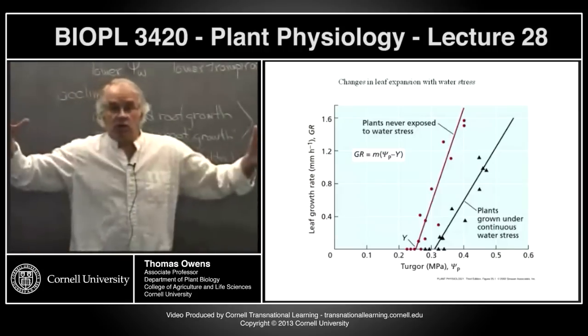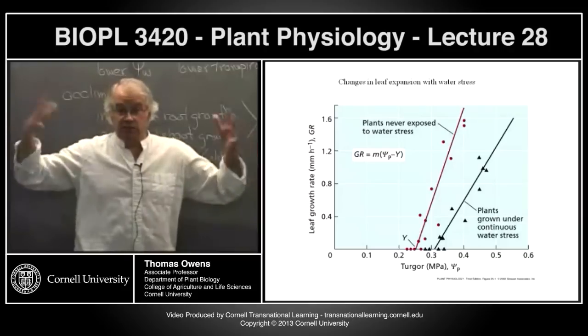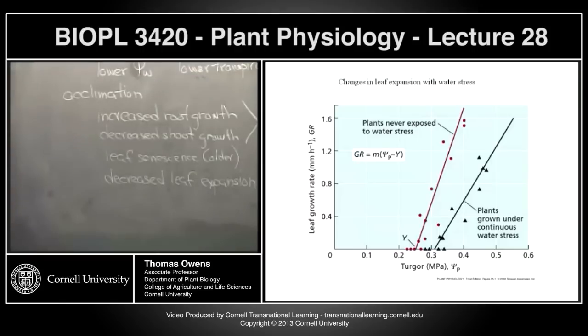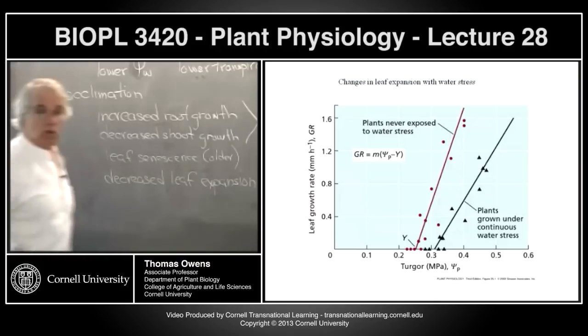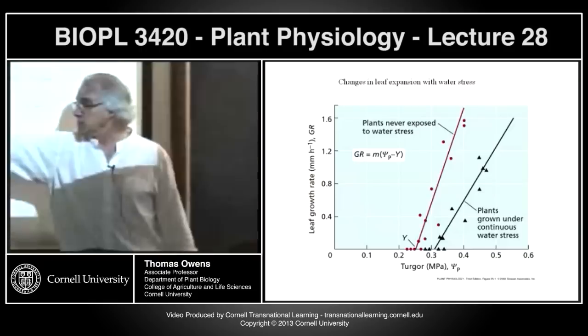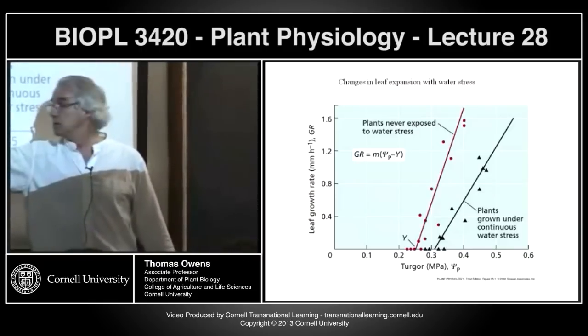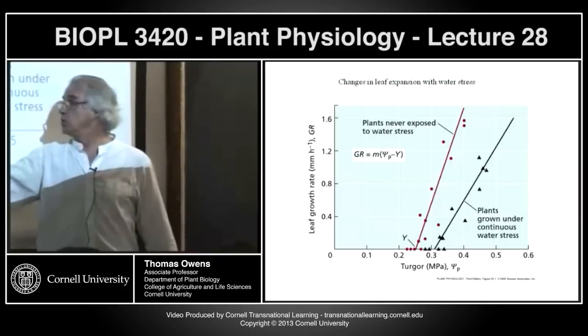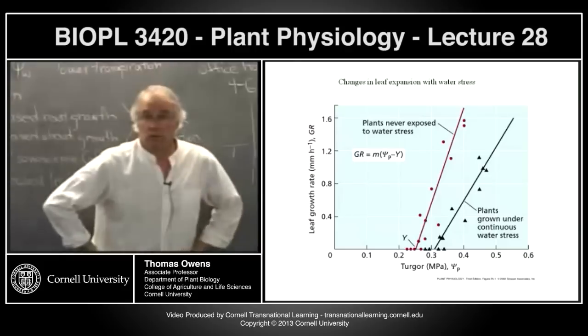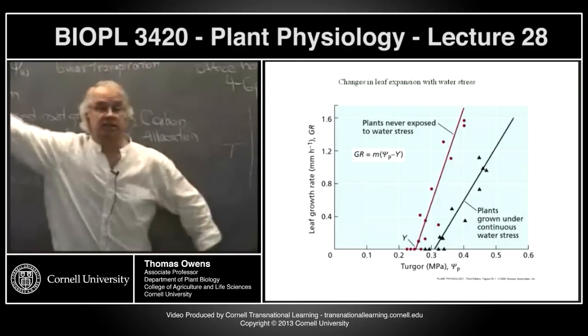How much does the wall stretch in response to increased turgor pressure? This wall stretches more. You get a bigger expansion for a small amount of turgor pressure increase. This wall stretches less. What determines these characteristics? The change in the yield threshold and the change in the wall extensibility. What properties of the cell dictate those things?